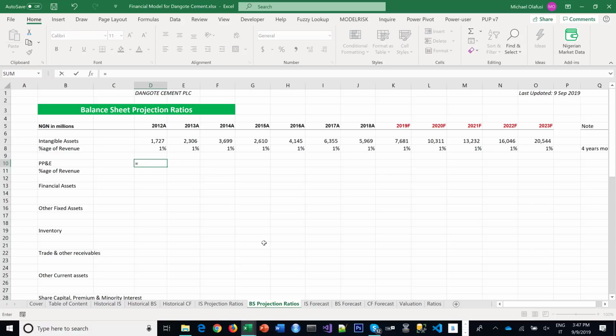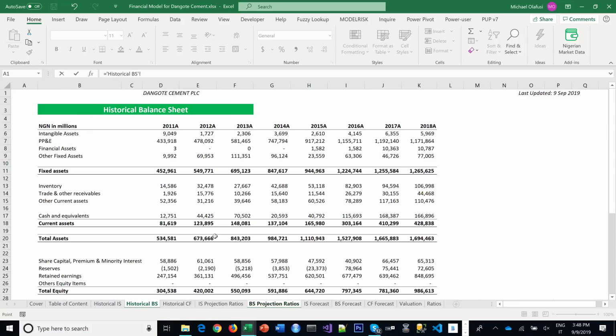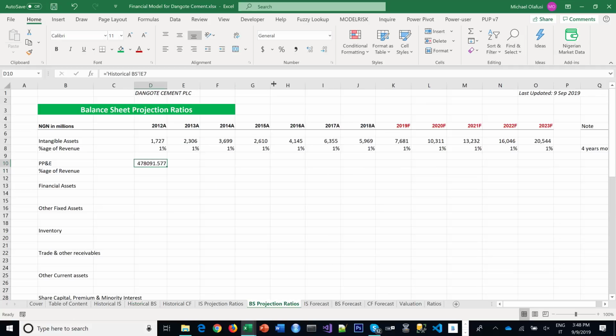They are always going to have to maintain a portion of a percentage, to support the revenue. They will keep having to have a similar amount of fixed assets. Okay, so I go and pick the PP&E. I drag into the future.